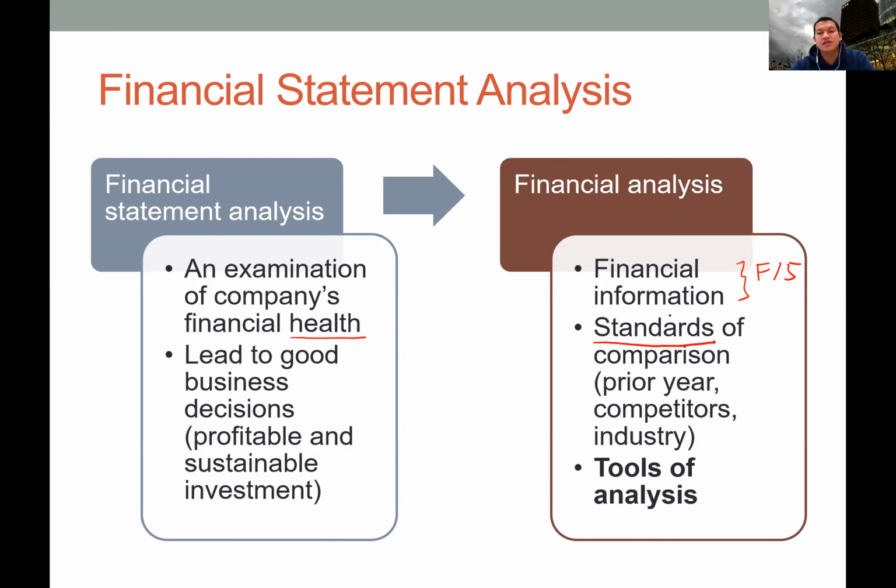We can use the industry standard or industry benchmarks, their competitors, or even the same company in the prior year. We can evaluate whether we have growth or decline if we compare the company's past performance with the current performance.